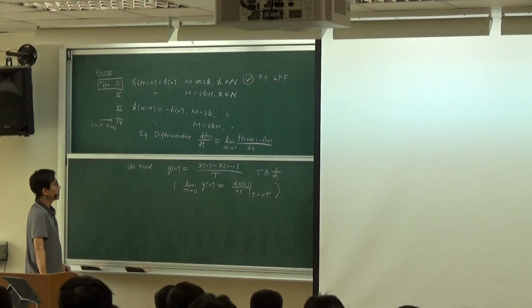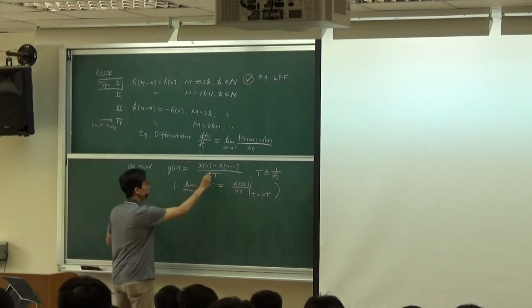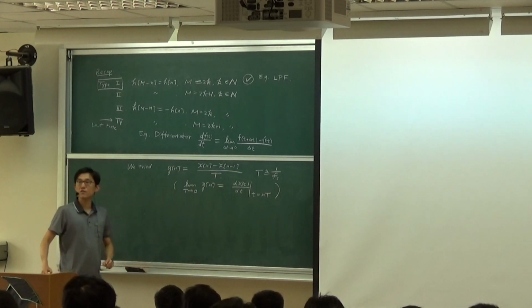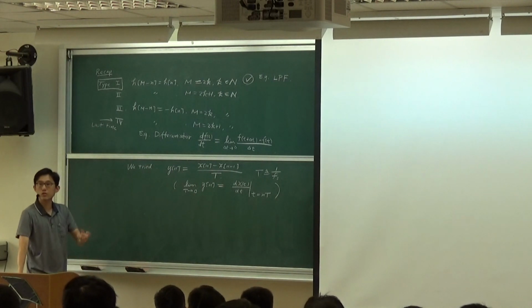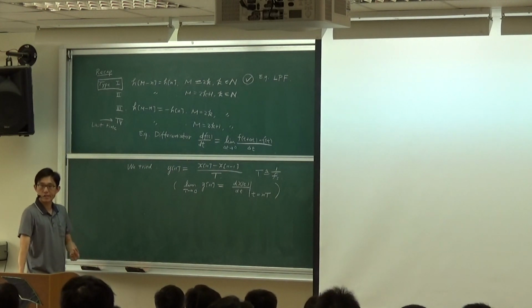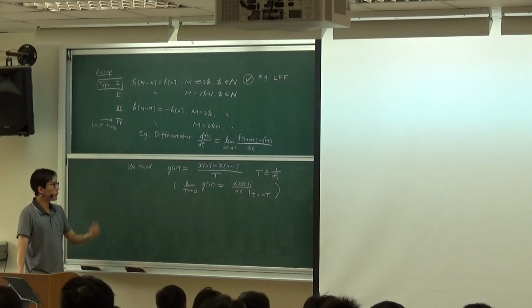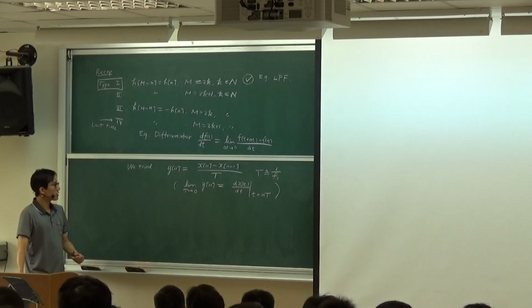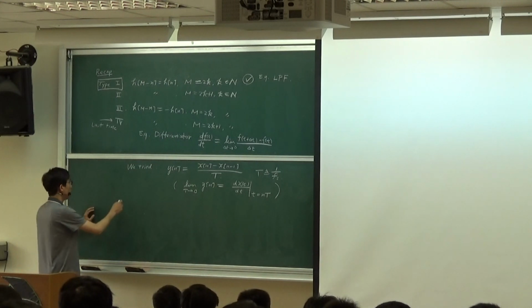However, we know that the sampling period is never going to be infinitesimal. It's never going to be infinitesimal. But for a finitely small T, we know that there is going to be some deviation from ideal. So we talked about the ideal.